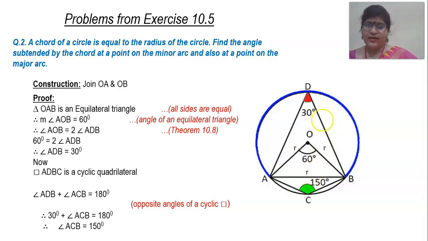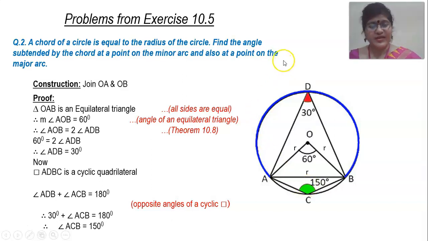So 30 degree plus what will give you 180 degree? So measure angle ACB equal to 150. So take chord AB, you get an equilateral triangle AOB. After that you get this angle as 60. Once you know this angle, central angle is 60, this becomes 30. And the opposite angle will be 150 because it is the opposite angle of a cyclic quadrilateral.